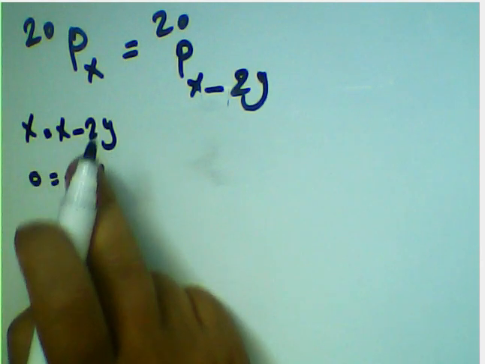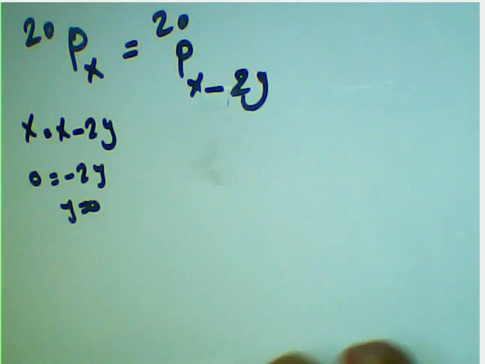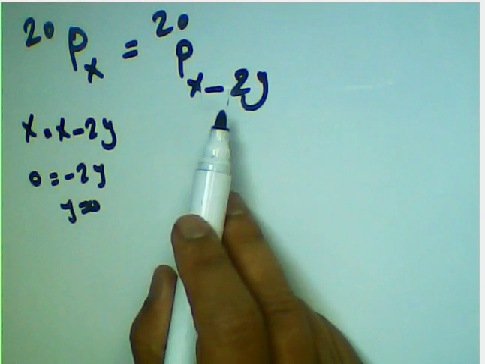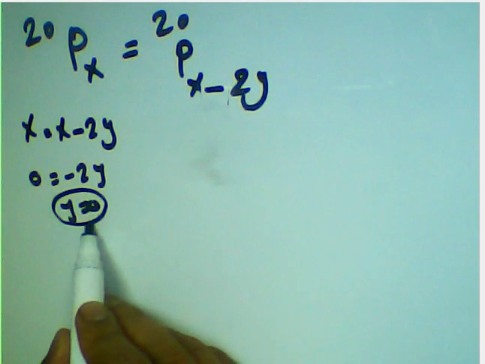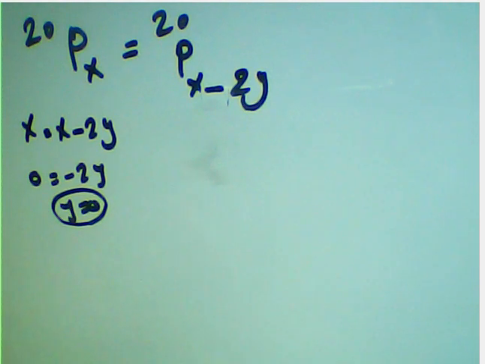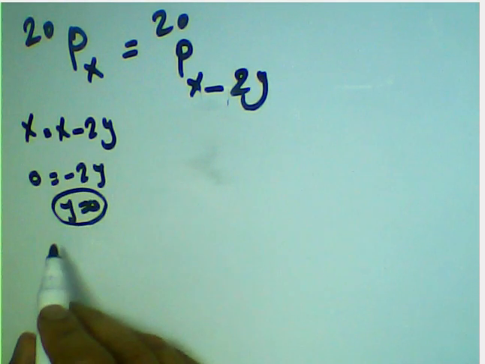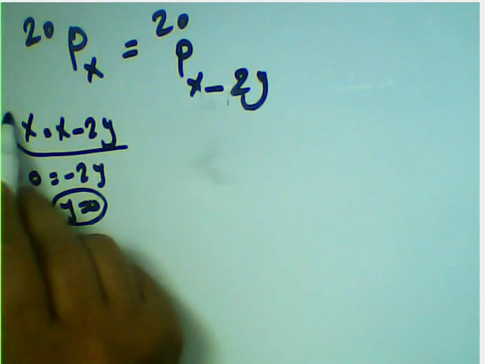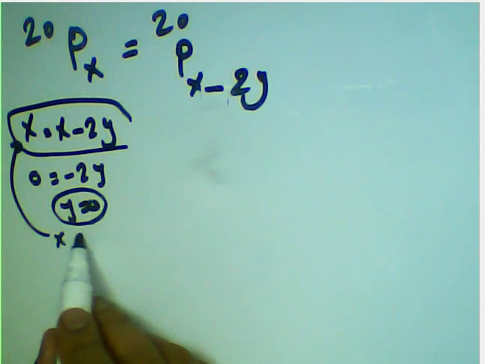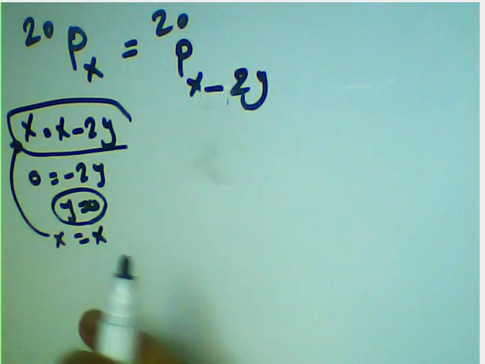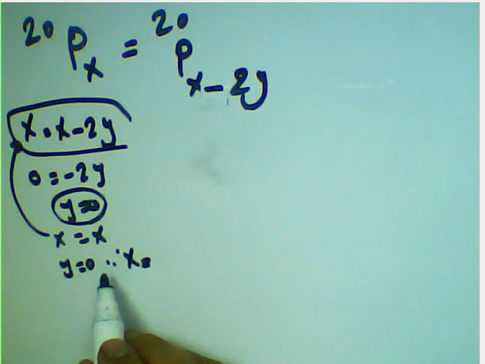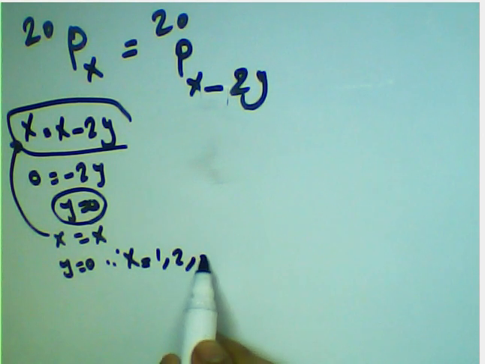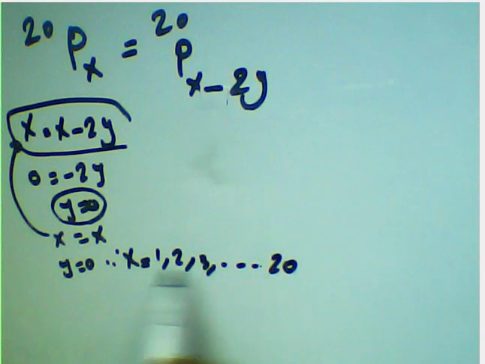If y equals 0 here, in this example, it will be what? X minus 2 equal 0. This is the second example. Or we have y equals 0 here. If y equals 0, then y will be 0, and x will be what? 1, 2, 3, 4, and so on to be 20.